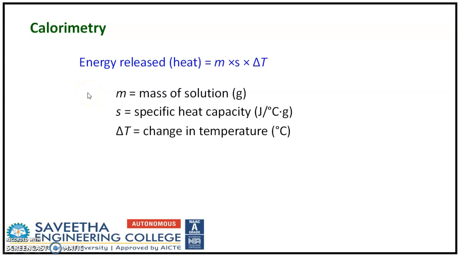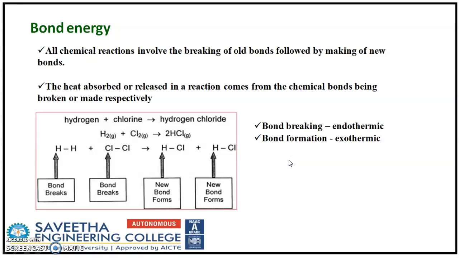Here in the calorimeter, we are measuring the heat with the help of this equation. Heat is equal to m into s into delta T, where m is the mass of the substance and s is the specific heat capacity, measured in joules per Celsius per gram, and delta T is the change in temperature, taken in degrees Celsius.